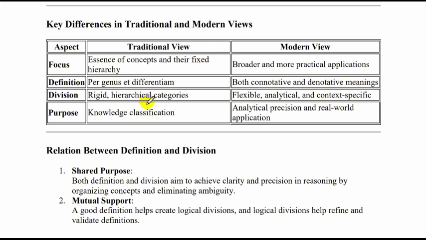Traditional view is more rigid and follows hierarchical categories, whereas modern view is more flexible, analytical, and context specific. Traditional view is used for knowledge classification, whereas modern view uses it for analytical precision and real world application.